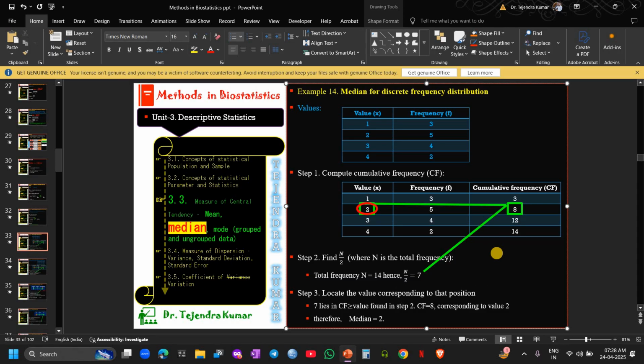Okay, sorry for the inconvenience, because this step was missing here, so that's why I am writing it again, so that you can understand easily.